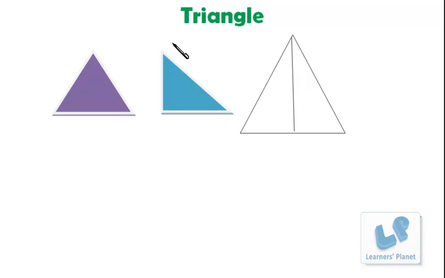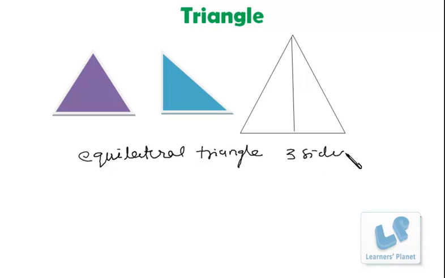If all the three sides of a triangle are equal, then we call it an equilateral triangle. If two sides are equal, then we take it as an isosceles triangle.